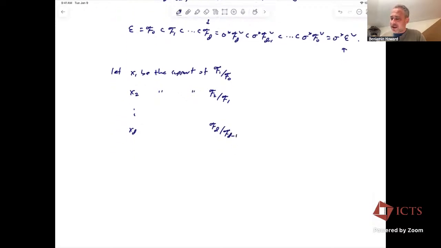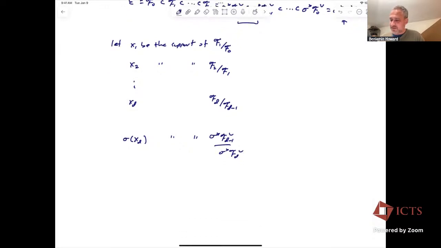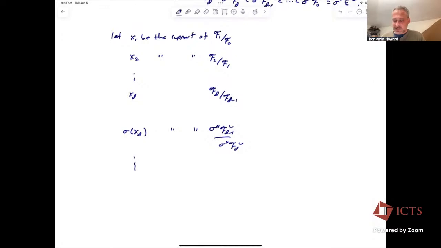And then what happens if you keep on going? Well, if you take the next co-kernel, you'll get something that is in fact the sigma conjugate of the previous point. So this will be the support of sigma pullback fd minus 1 check mod sigma pullback fd check, all the way down until you get back to sigma of x1.